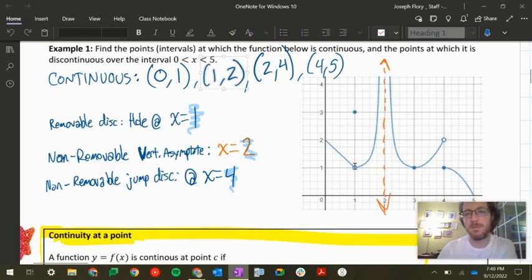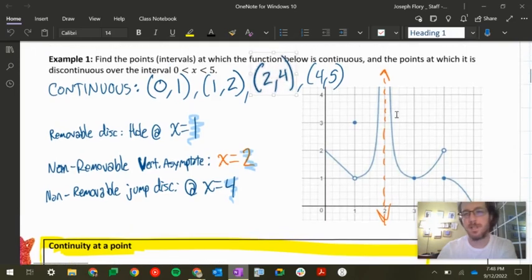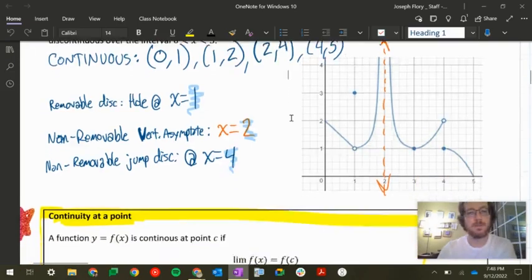And then from 1 to 2, between the hole and the vertical asymptote, and then from 2 to 4, it's continuous. Even though they show a point right here at x equals 3, there's no hole there, there's no discontinuity. It looks just like a local minimum. And then on the other side of that jump discontinuity to the end of our domain, from 4 to 5. All right, so those are the continuous intervals.